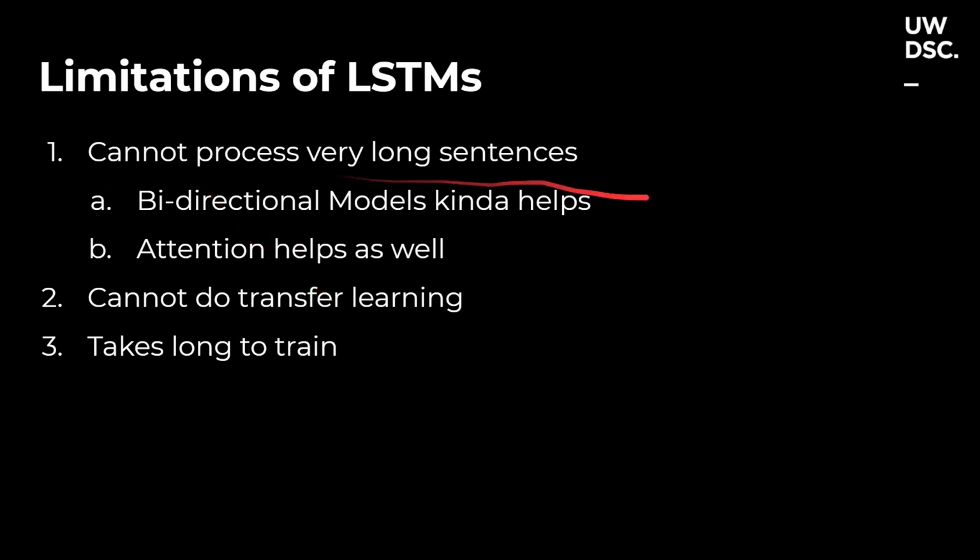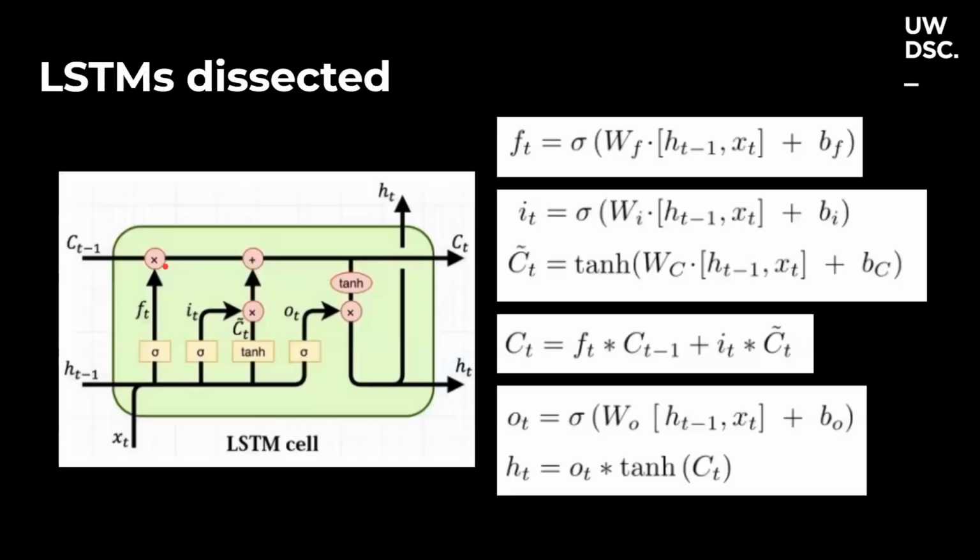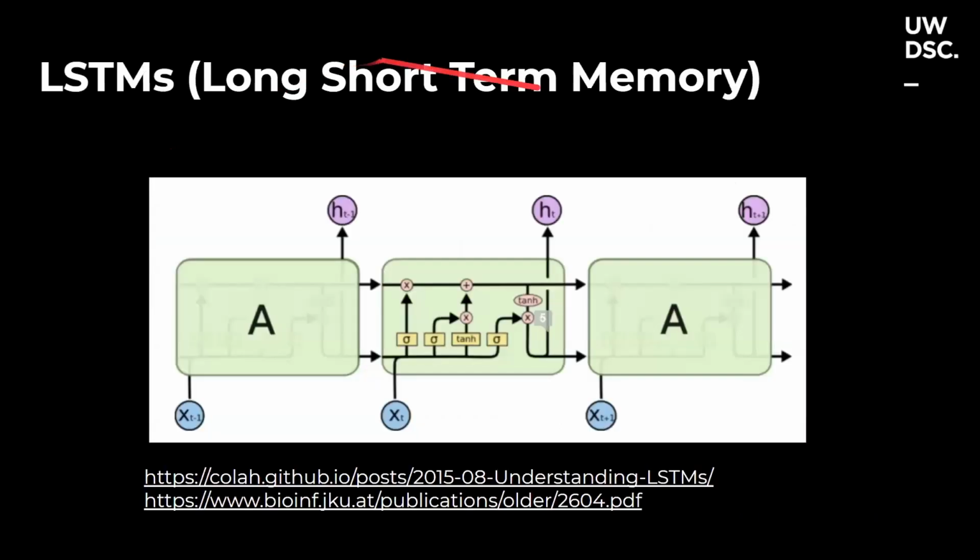There's a model called bidirectional LSTM, and it actually helps. A bidirectional LSTM goes through this process, except it also goes through this process backwards, and they concatenate the outputs together.